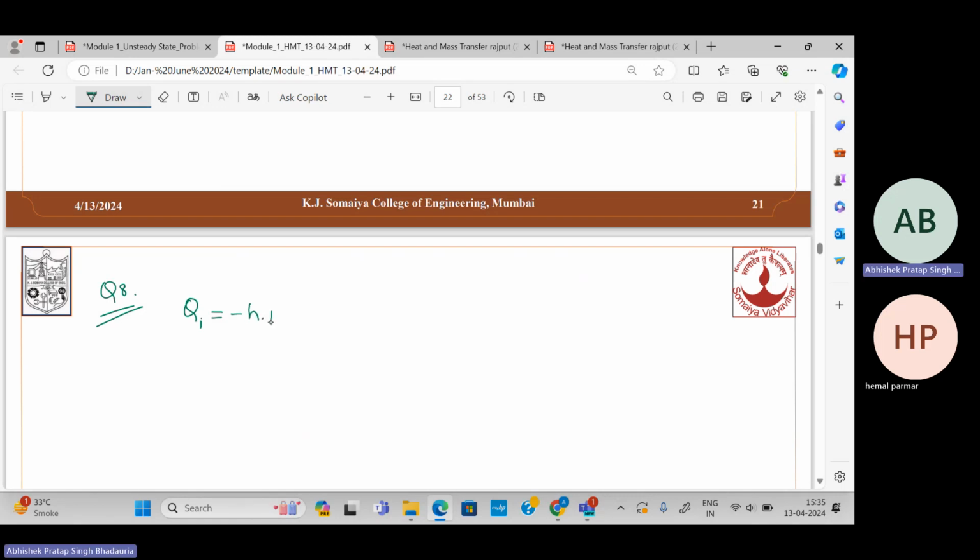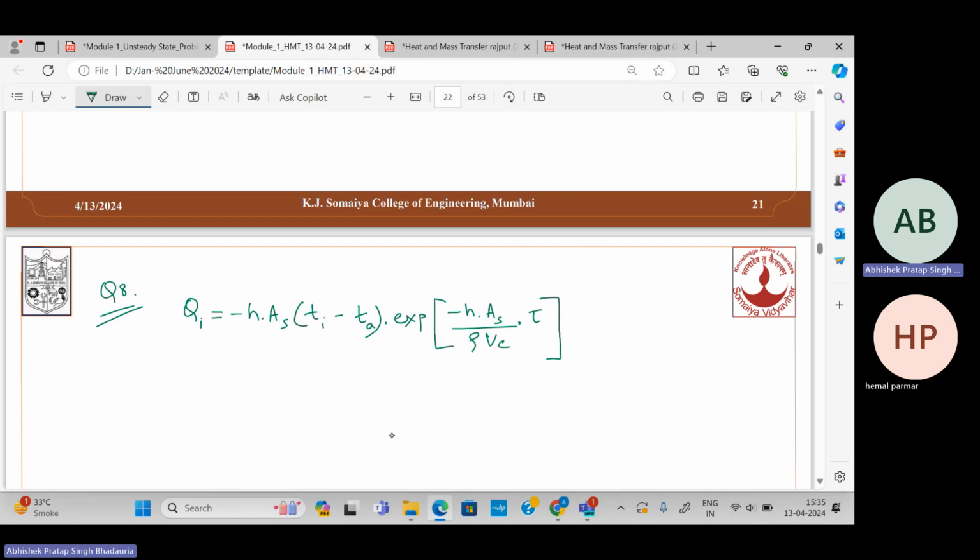It is minus hA_s times (T_i minus T_a) into exponential of minus hA_s divided by rho V c, into tau.